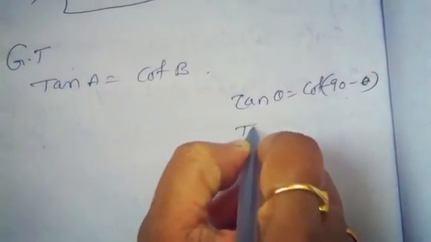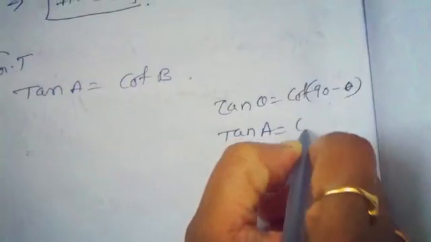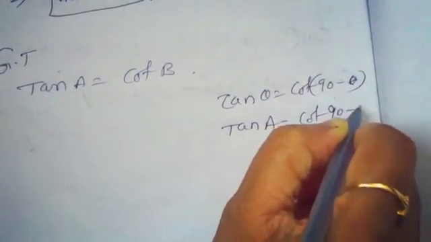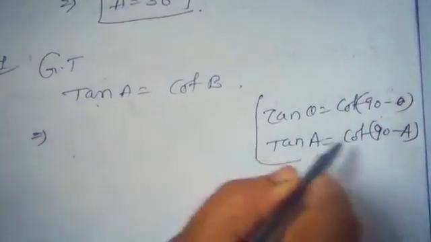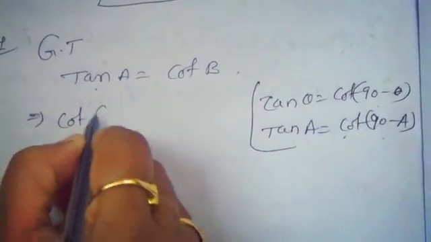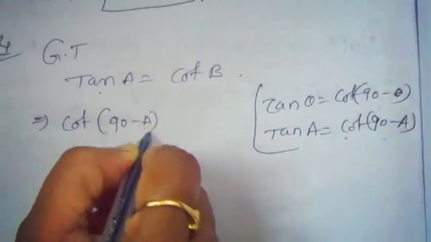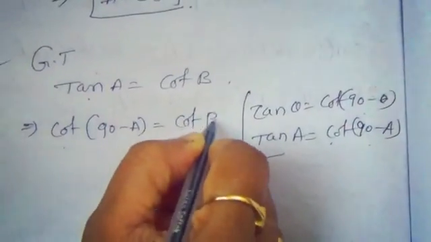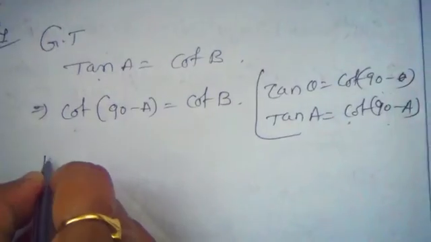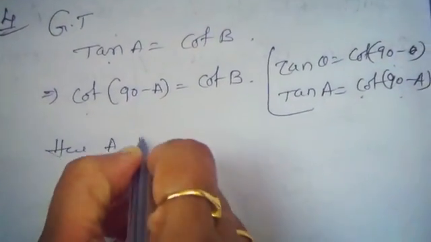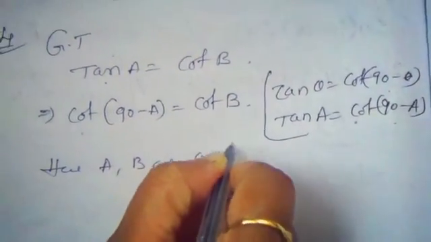That implies tan A is equal to cot (90 minus A) is equal to cot B. Just avoid these two cots, because A and B are acute angles.